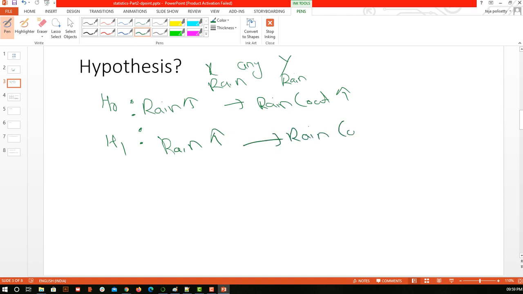Whatever our statement was, this is the null hypothesis, and the second one is the alternate hypothesis. So we take something opposite to H naught, that is opposite to the null hypothesis, as our alternate hypothesis. So we try to say that when the rain is increasing, the demand of raincoat is decreasing. This is what we try to prove in H1.